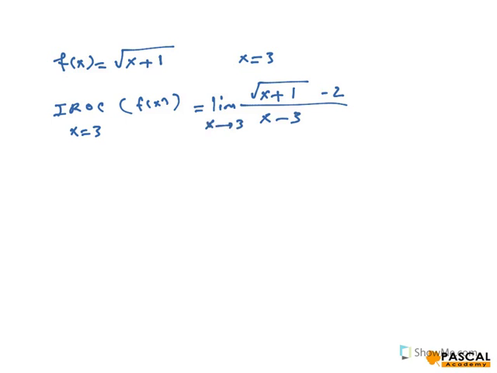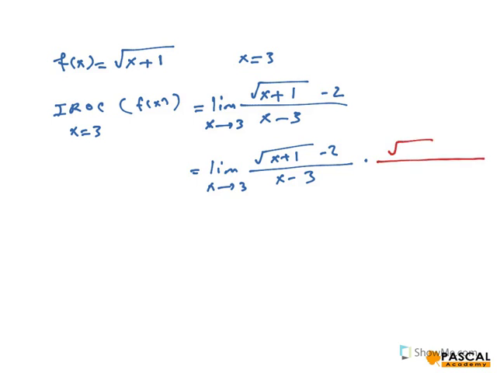To find this limit, we rationalize the numerator of the fraction, which means we multiply the fraction by the conjugate of the numerator and divide by the conjugate of the numerator.